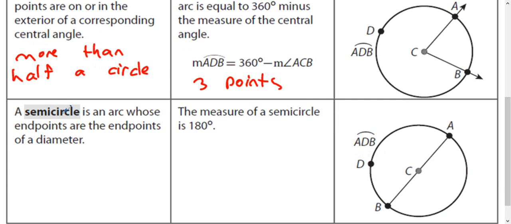And then a semicircle is half a circle. The endpoints are the diameter. Typically, you use 3 points when you're naming a semicircle also, so you know which half of the circle you're talking about.